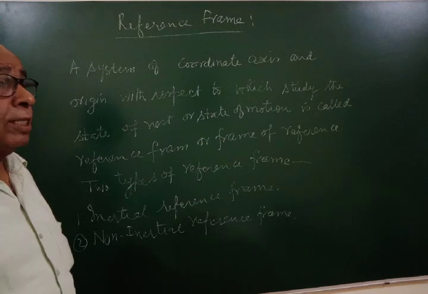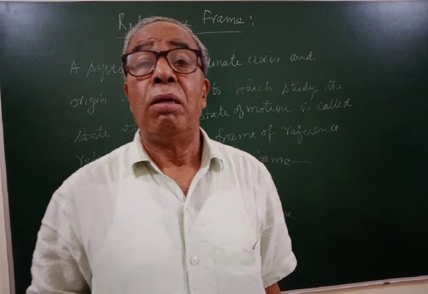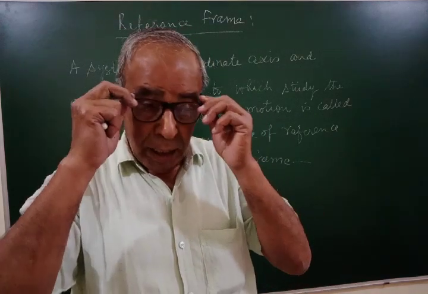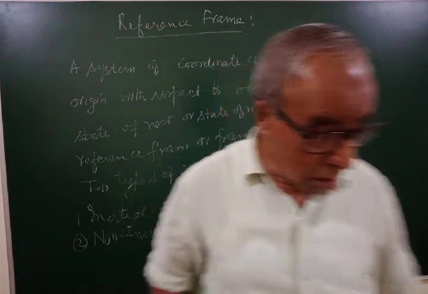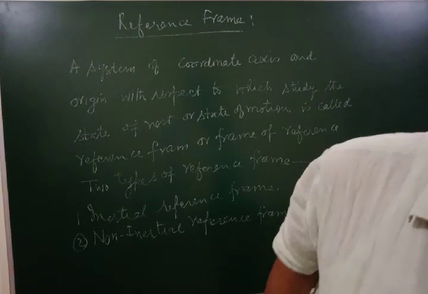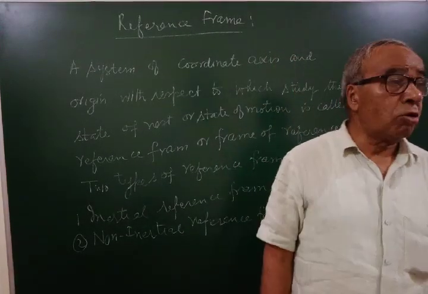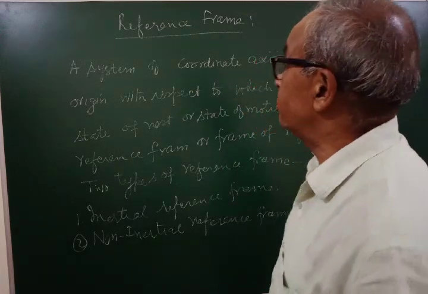So we have to take some reference point with respect to which we can tell the position of body, and we need a direction also to tell the direction of motion or the direction of position of body.